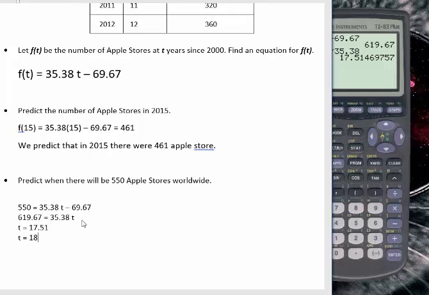So what year is that? Well, that's 18 years since 2000. So what we're saying is that we predict that in 2018, since it's 18 years after 2000, there will be 550 Apple stores worldwide.